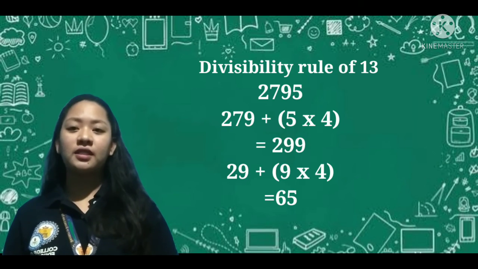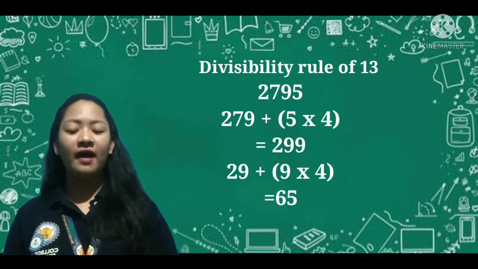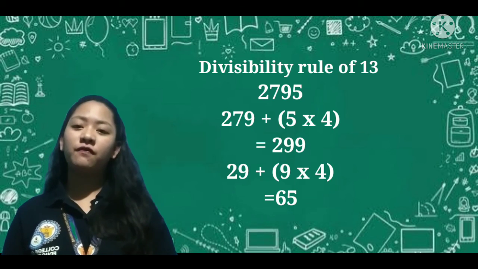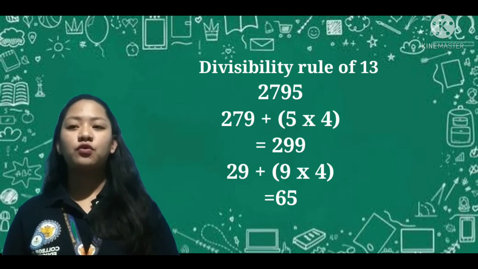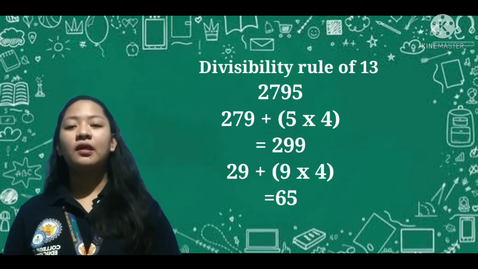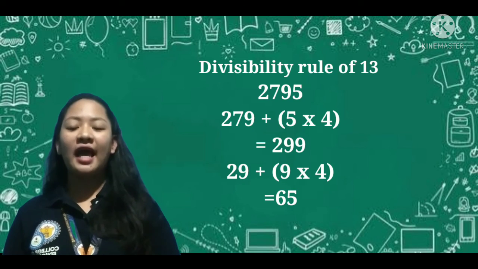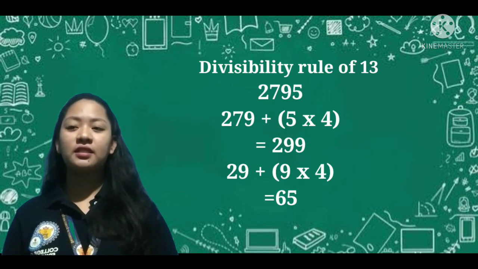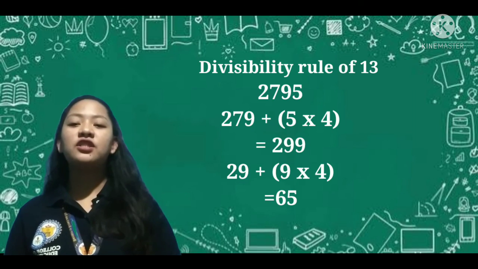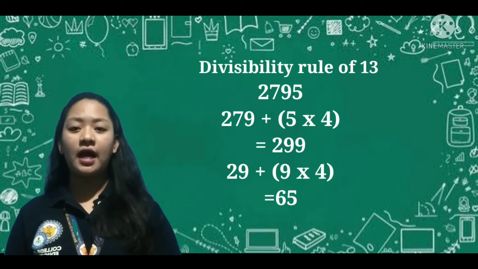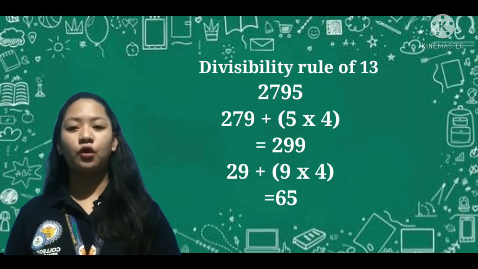The last digit is 5, so 279 plus 5 times 4. 5 times 4 is 20, plus 279 equals 299. So 29 plus 9 times 4 is 36. 29 plus 36 equals 65. Since 13 times 5 is 65, therefore 2,795 is divisible by 13.